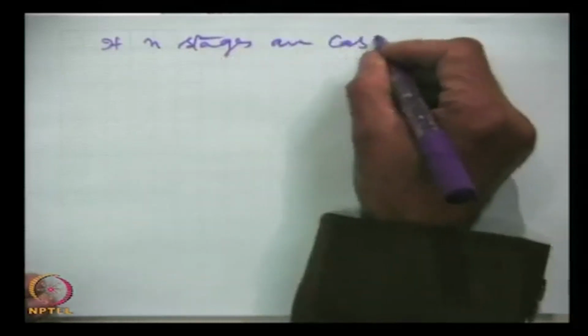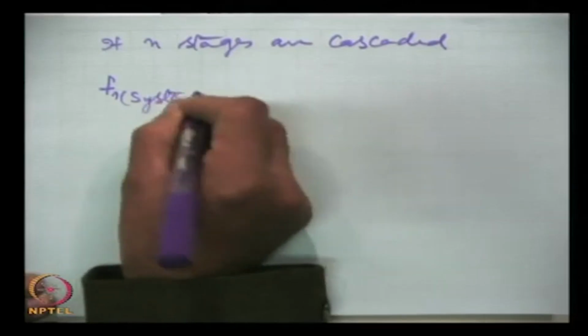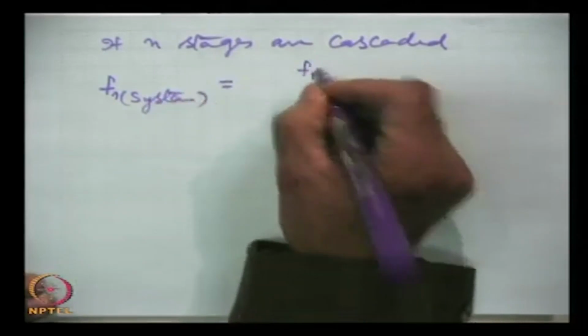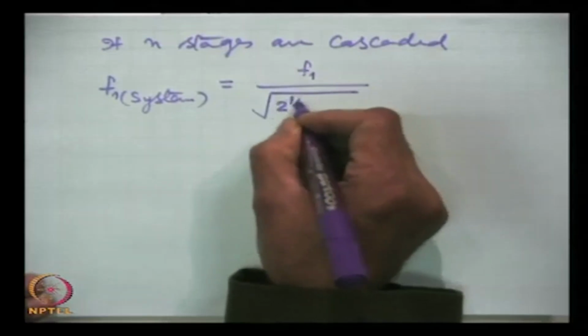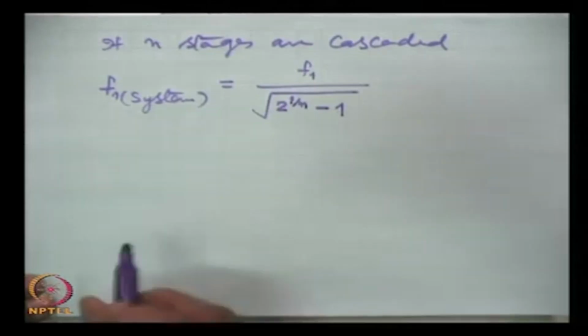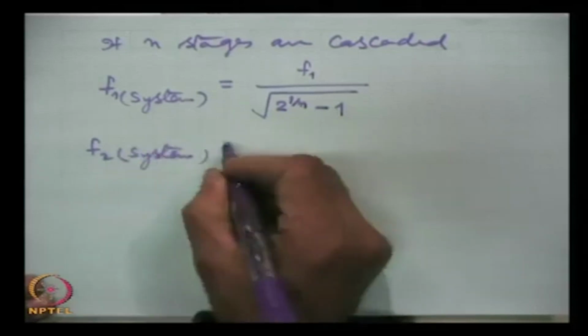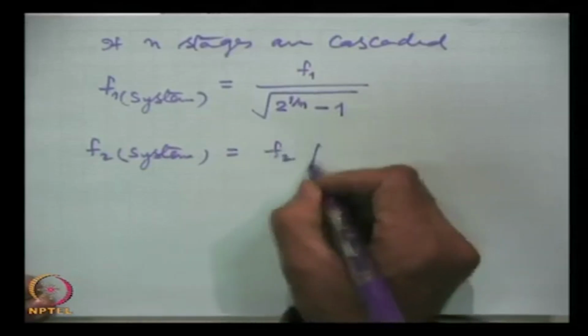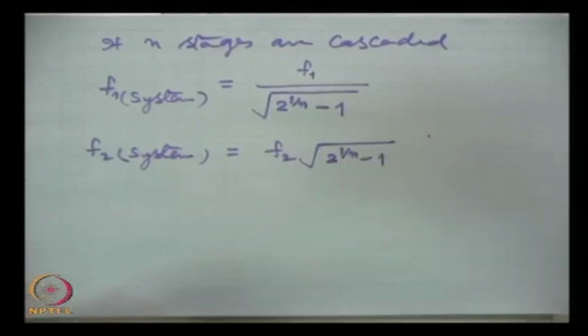So, if n stages are cascaded, then the lower cutoff for the system, that means for the multi-stage amplifier, where F1 is the cutoff for the individual stage, is F1 divided by 2 to the power 1 by n minus 1, and F2 of the system is equal to F2 times 2 to the power 1 by n minus 1.